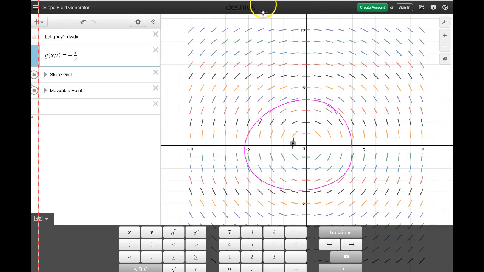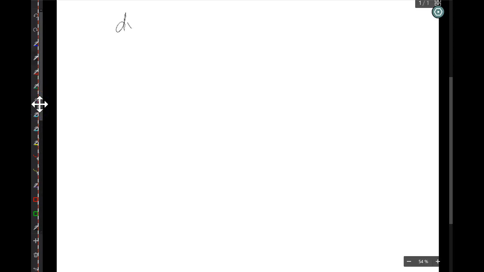So let's now move a little bit back to the calculus behind this, and look at that circle differential equation. We've got dy dx is equal to negative x over y.